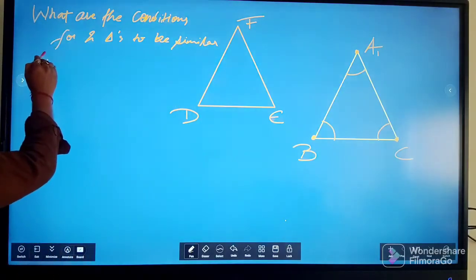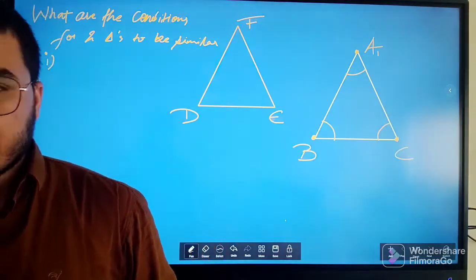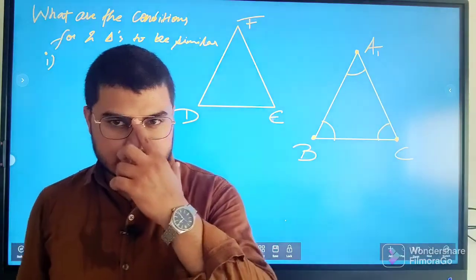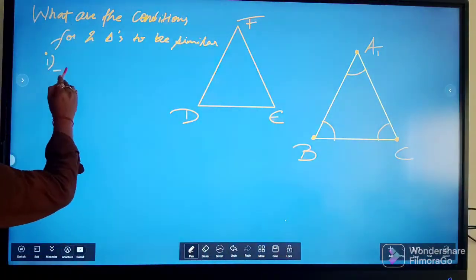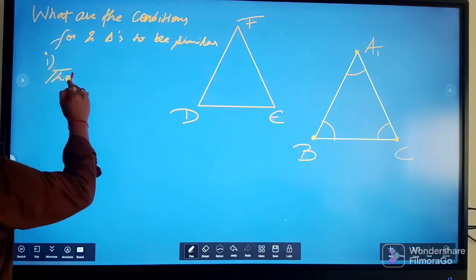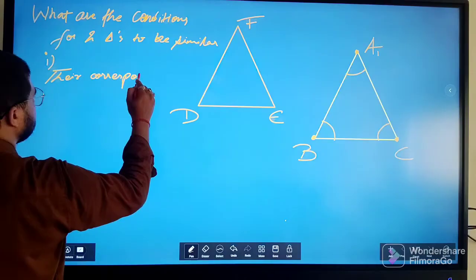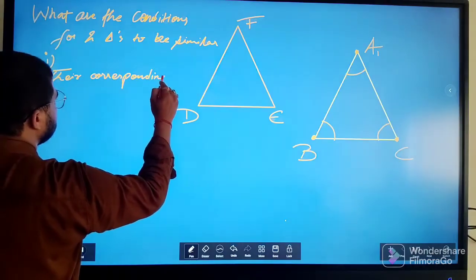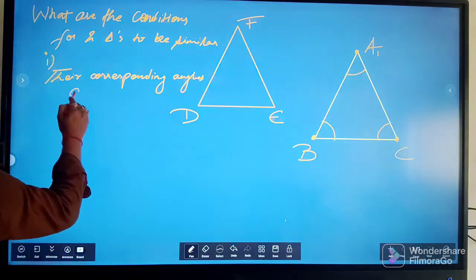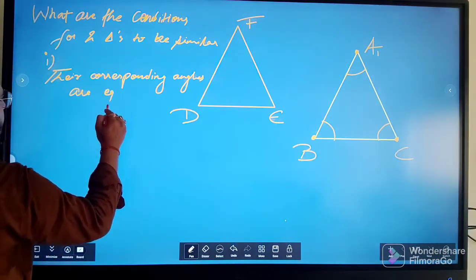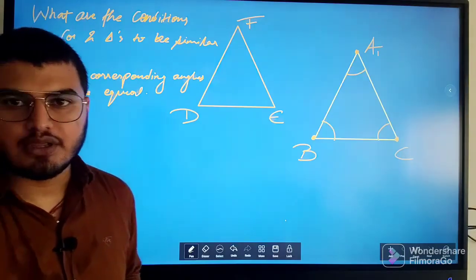So the first condition is their corresponding angles are equal. Yes, you may write down. The first condition is their corresponding angles are equal.